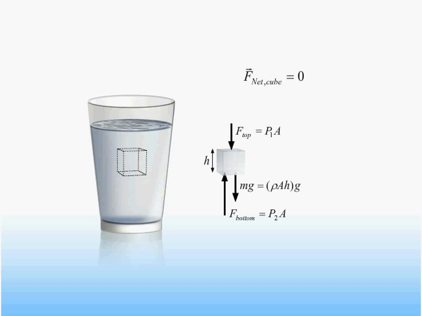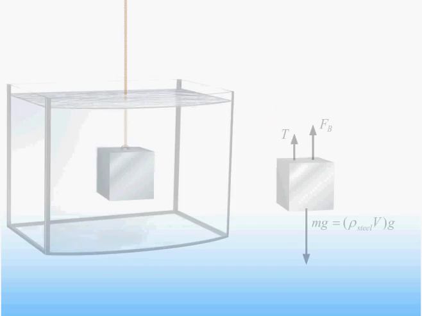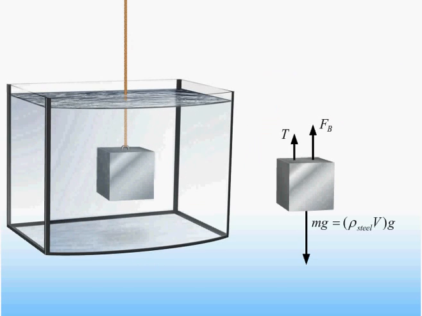By setting the net force on any volume of fluid in the container equal to zero, we obtain the result that the difference in pressure between 2 points in the fluid is proportional to the vertical distance between the 2 points. Second, we applied this relationship between pressure and depth to determine the buoyant force that the fluid exerts on any object placed in it.